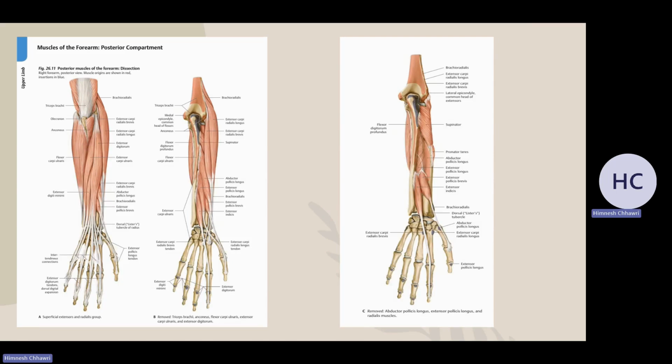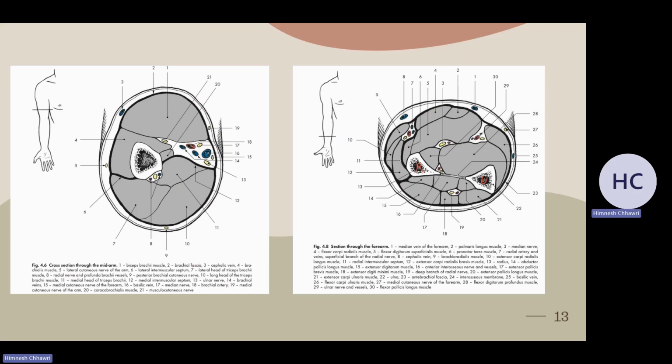Netter's has a very good picture that can help you for the practical part of the exam, but a lot of professors like asking, they'll give you a bone and then ask you to tell them the exact points on the bone. So Netter's picture for that, and this is very important. These drawings are very important to remember because they are a question on their own.